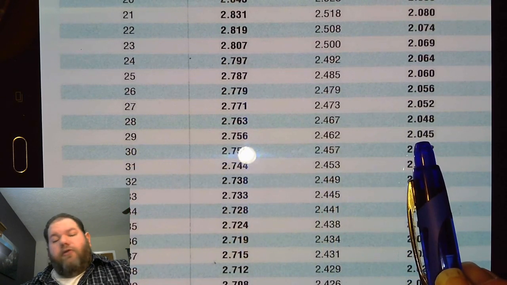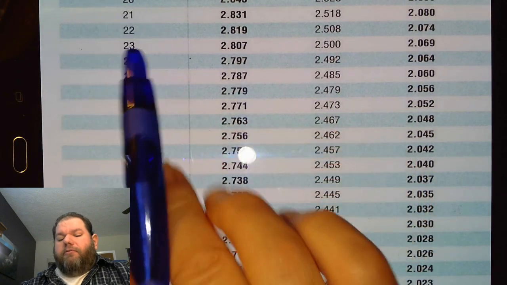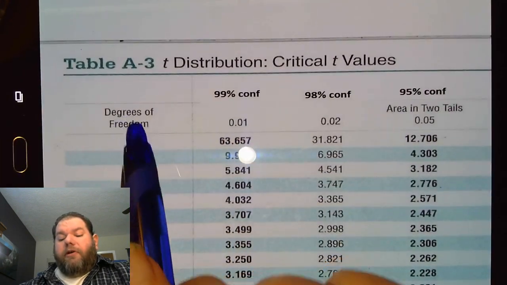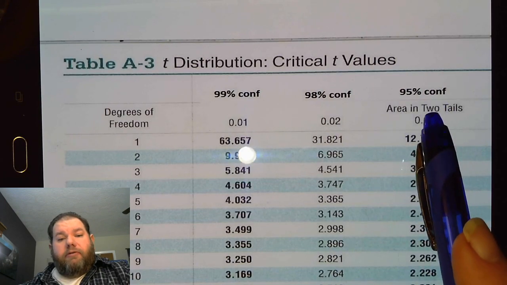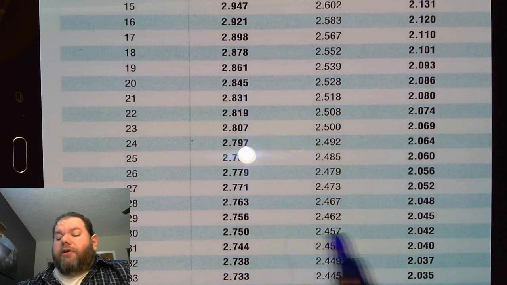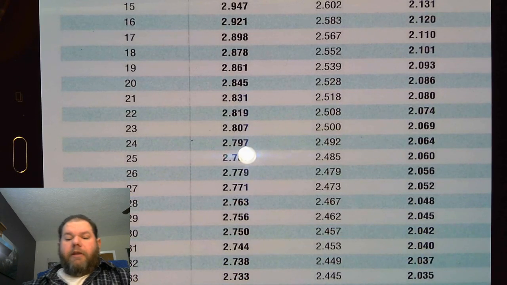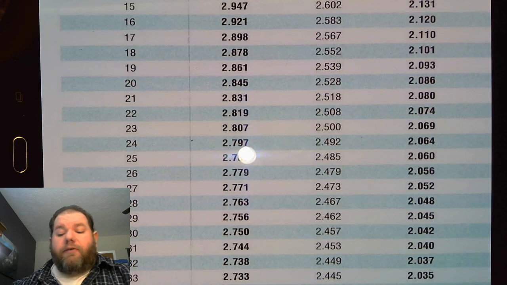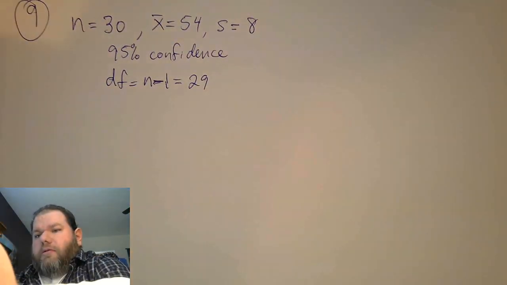We get a value of 2.045. So we find our degrees of freedom on the left side. We go across the top, we get our confidence level right there. And so we come down to 29 and across, we get 2.045. That's what we use for t alpha over 2.